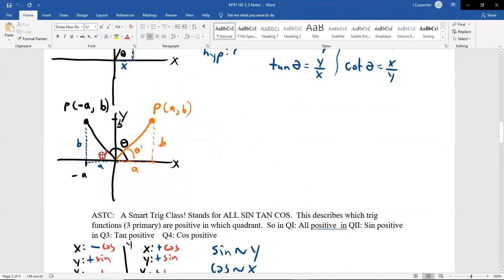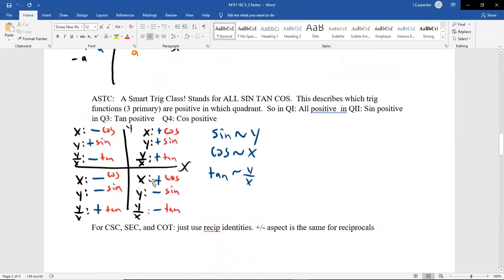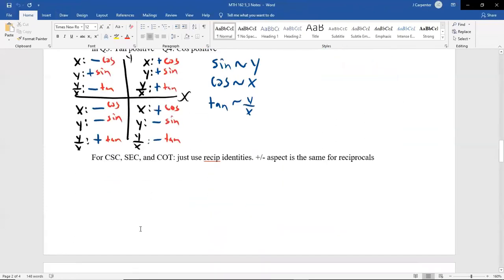So a reference angle, the theta prime, can always be found based off of an original angle, and their two trig functions are the same except maybe a negative of one versus the other. And we're going to go over how to figure out what the reference angles are and how to use them coming up.